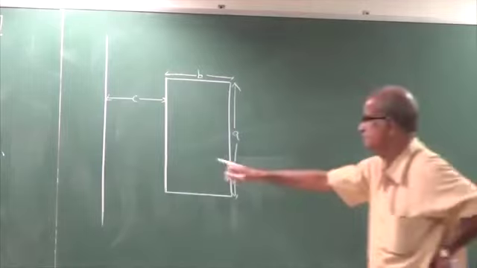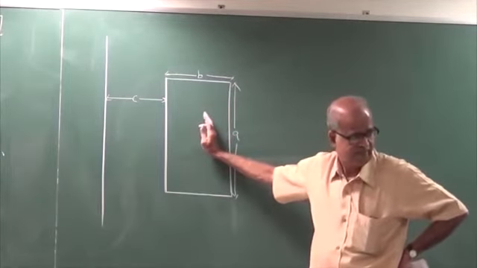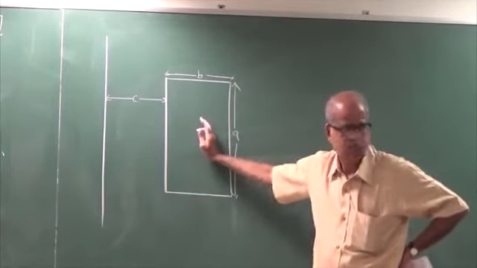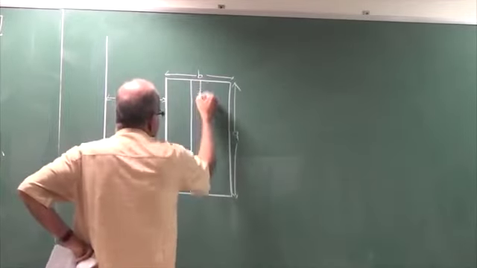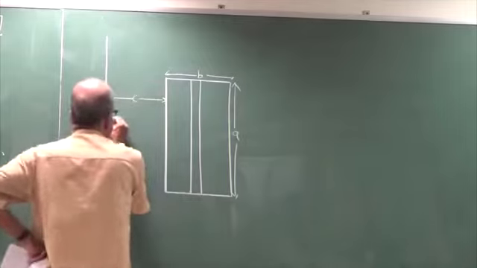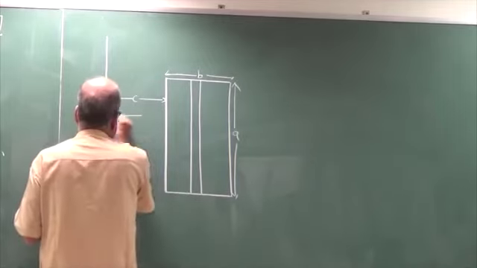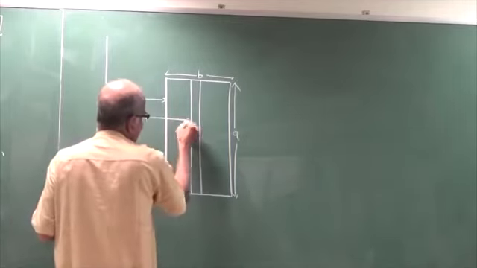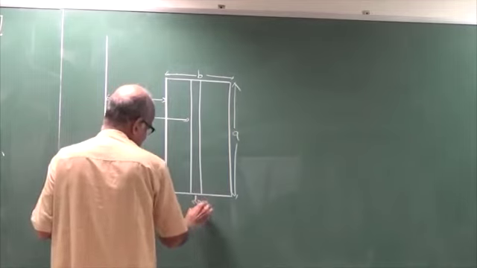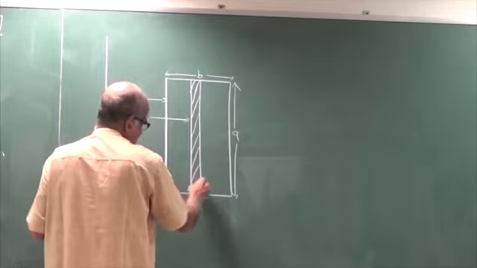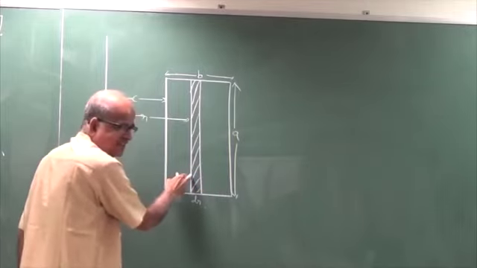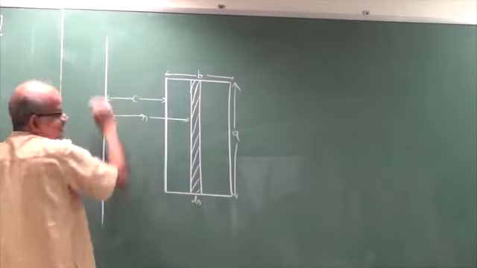So take a strip as you said, right? At what distance will we take it? Some R, say, okay? Find the area. Imagine that there is a current flowing.